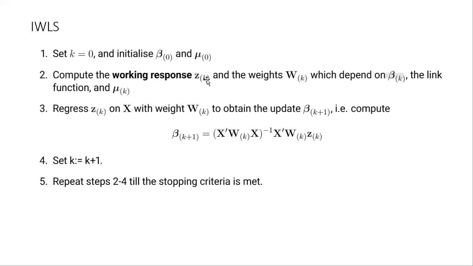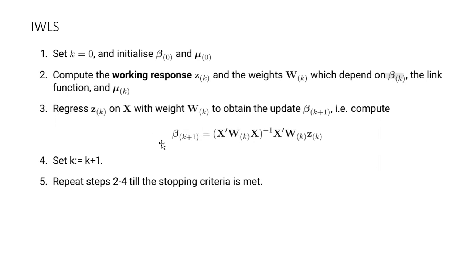These things with subscript K in parentheses depend on the current parameter beta at the kth step. Then we regress the working response on X with the weight W, to obtain the updated parameters. Everything on the right-hand side here is computed at the current beta. X does not depend on beta, everything else does.